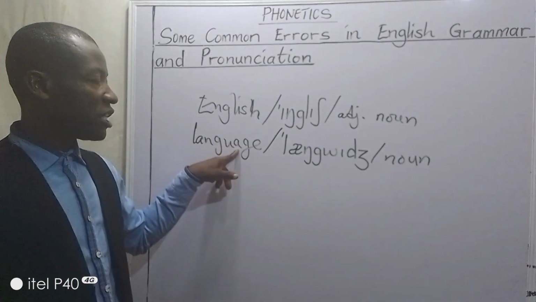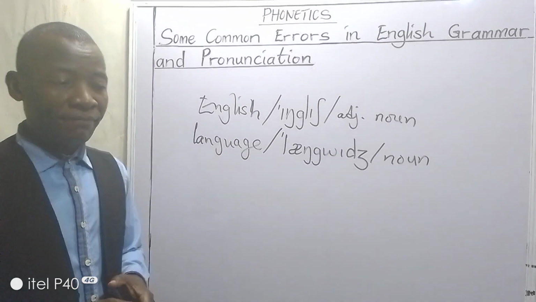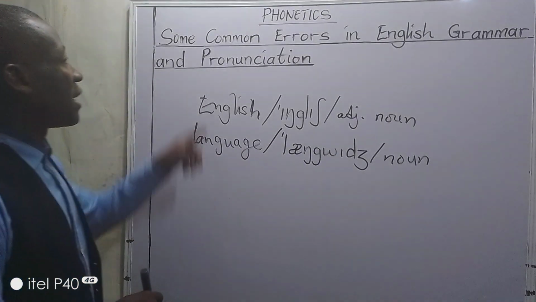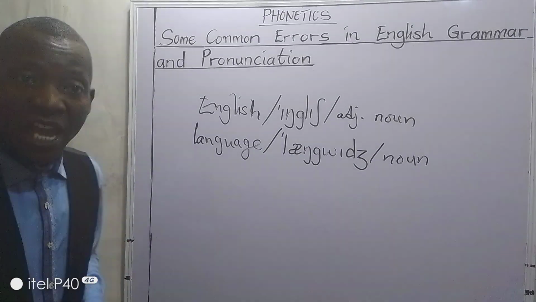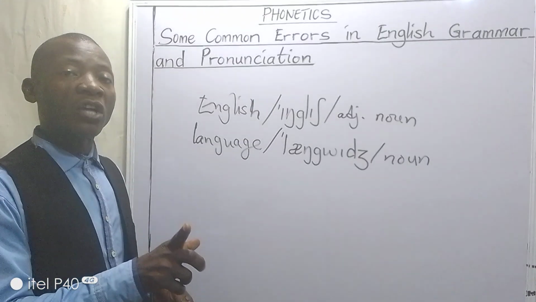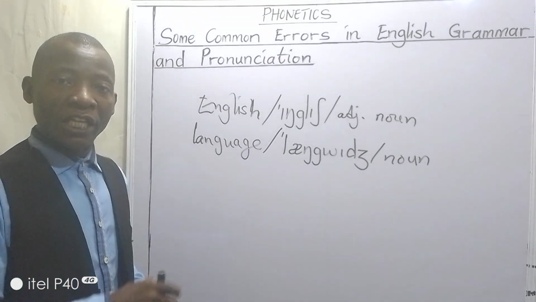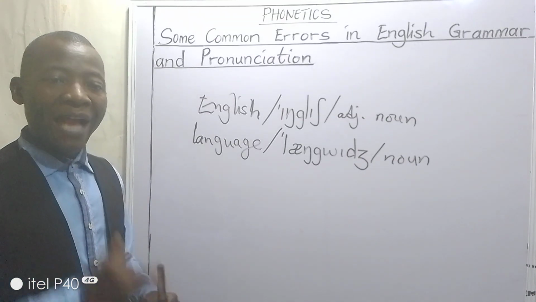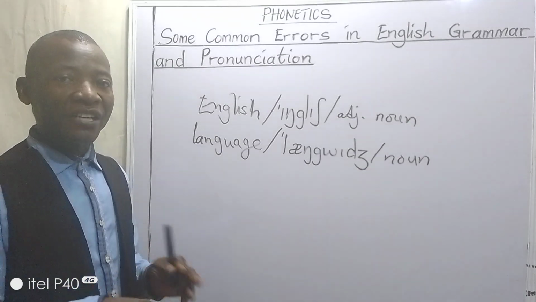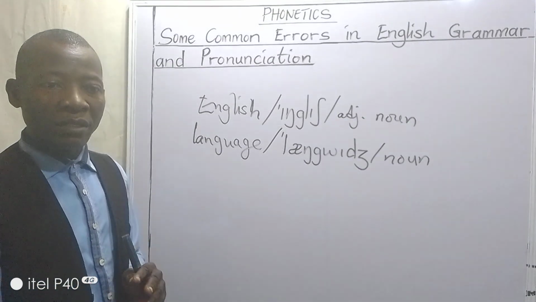The A here has the E sound, not the A sound, so language. And then this word is pronunciation, not "pronounciation". You avoid using "shun" in English. It's "shun": action, mention, addition, and subtraction.